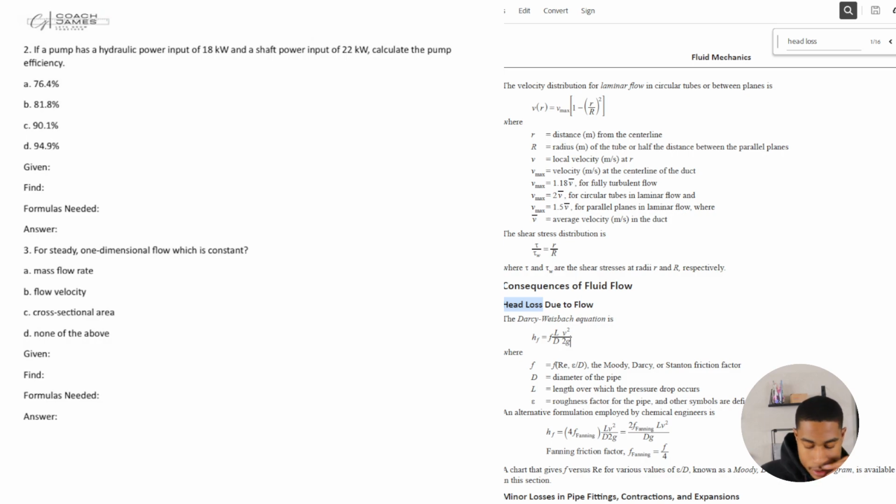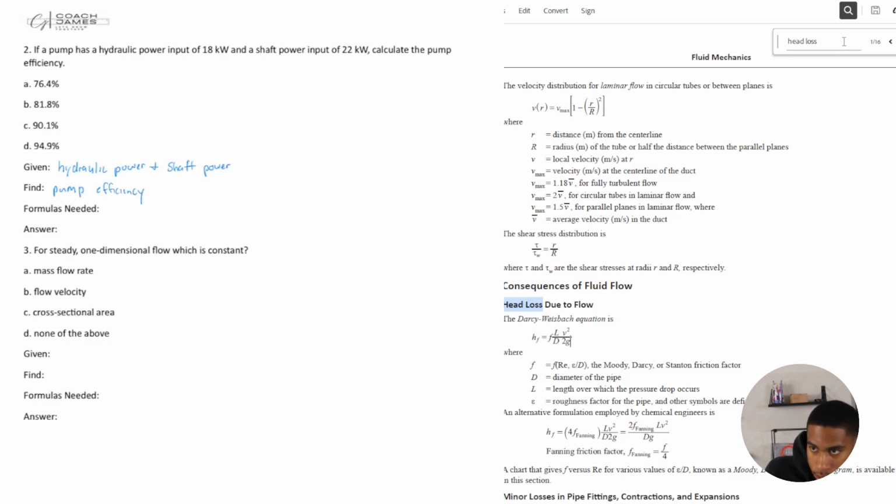So with this information, we're given hydraulic power and shaft power, right? And so we're trying to find pump efficiency.